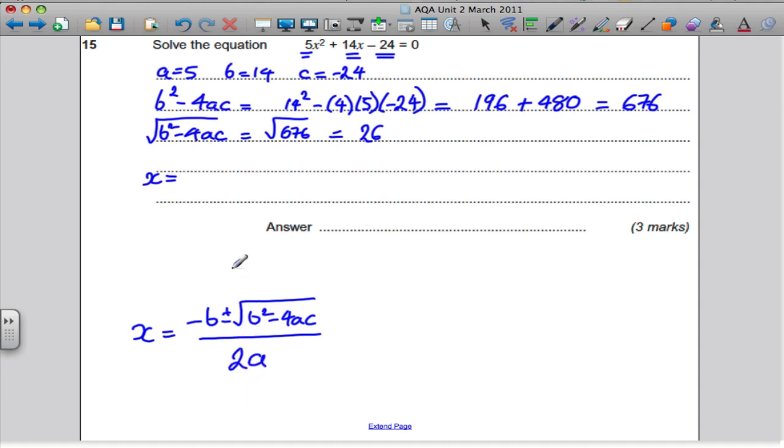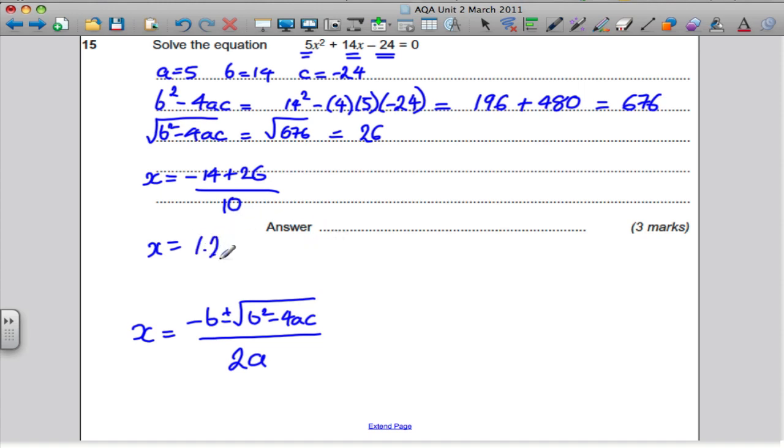So there are two solutions here. On the one hand, x is negative b, negative 14, plus the square root of this, which we've said is 26, all over 2 times a, which is 10. So minus 14 plus 26 would give me 12. 12 divided by 10 is equal to 1.2.